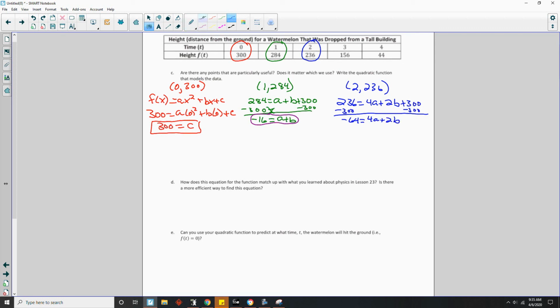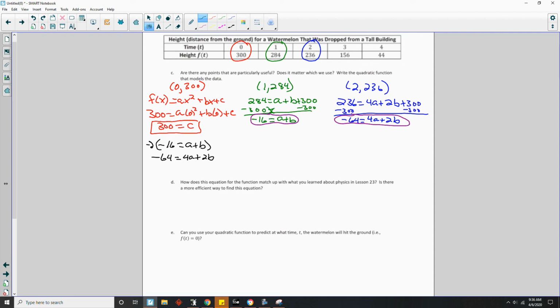So now I'm going to do a system using those two linear terms. So it's going to be negative 16 equals a plus b, and negative 64 equals 4a plus 2b. Well, the easiest way to get rid of these is work with the smallest number, and I want to get rid of this 2b, so I need a negative 2.